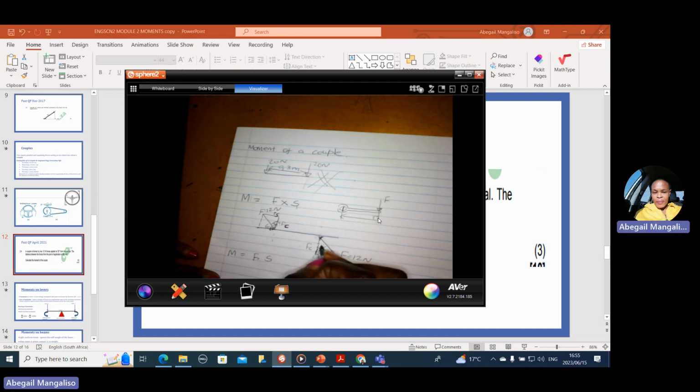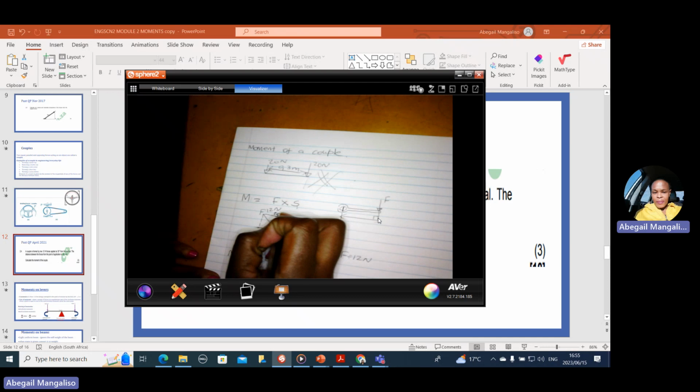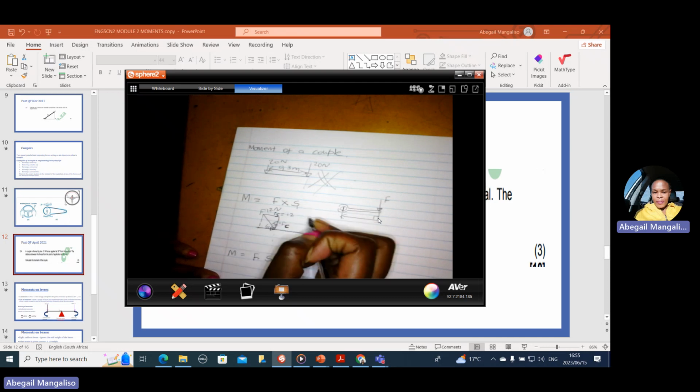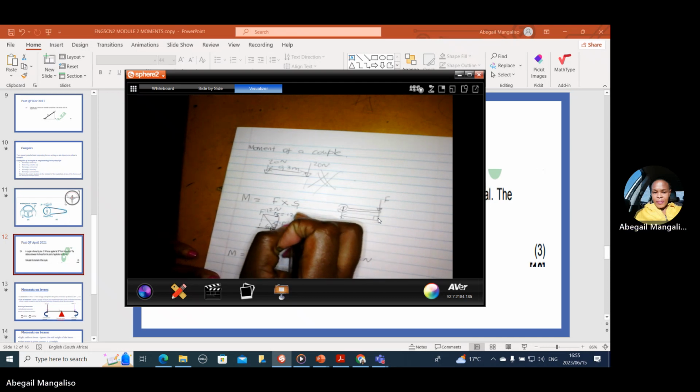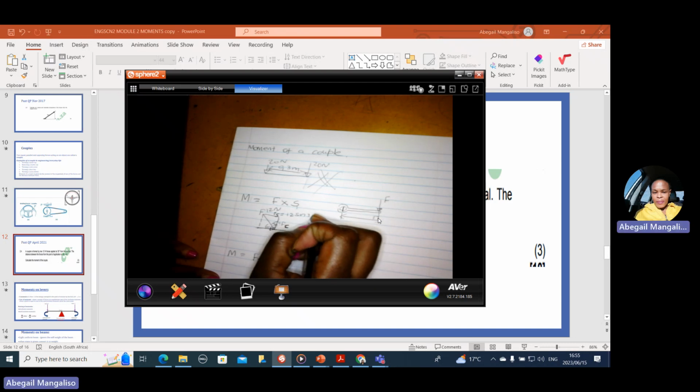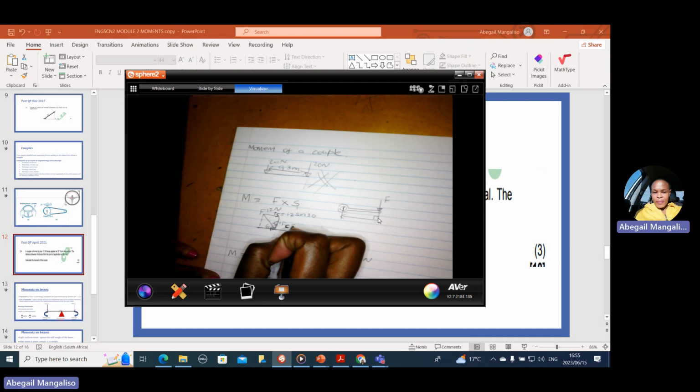That's correct. So FS is going to take 12 sine 30, and FC is going to take 12 cos 30.